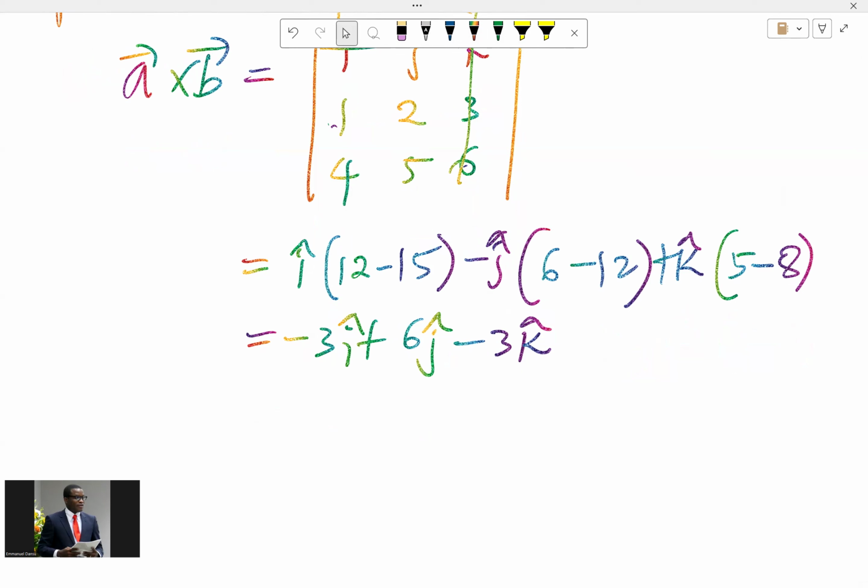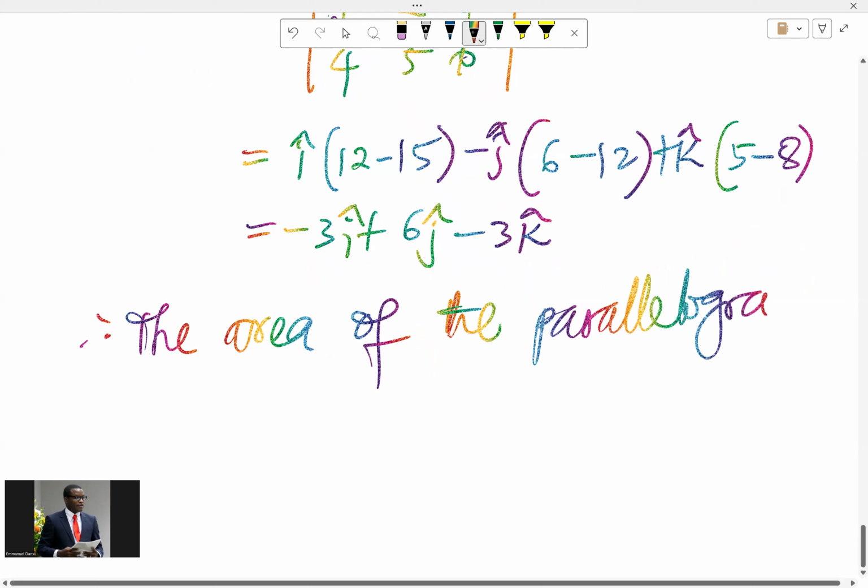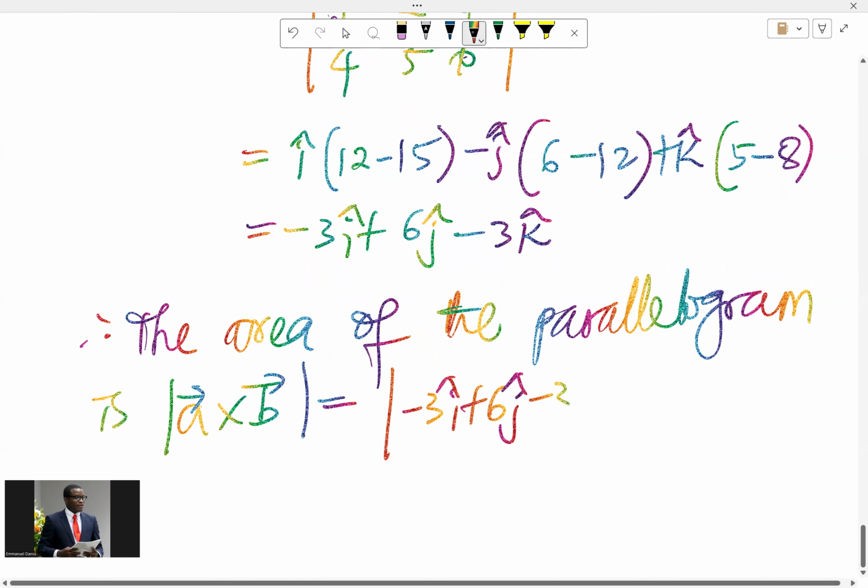Of course, the area of the parallelogram is the magnitude of the cross product. So we still have to find the magnitude of that cross product. Therefore, the area of the parallelogram is the magnitude of A cross B. So we are looking for the magnitude of minus 3i plus 6j minus 3k.